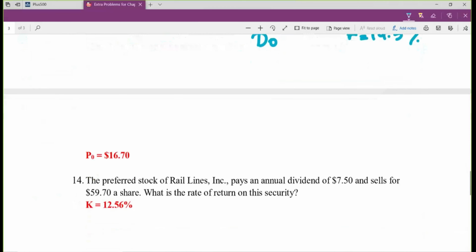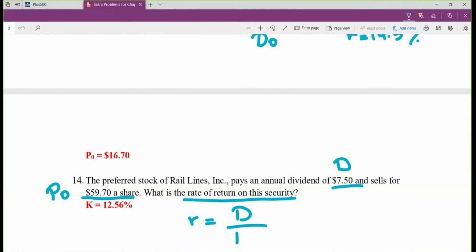Finally, problem number 14, which is maybe the simplest problem. The preferred stock of Rail Lines pays an annual dividend of 7.5, so this is D, and sells for 59.7. This is P0. I need to find the rate of return on this security. In this case, R equals D divided by P0.